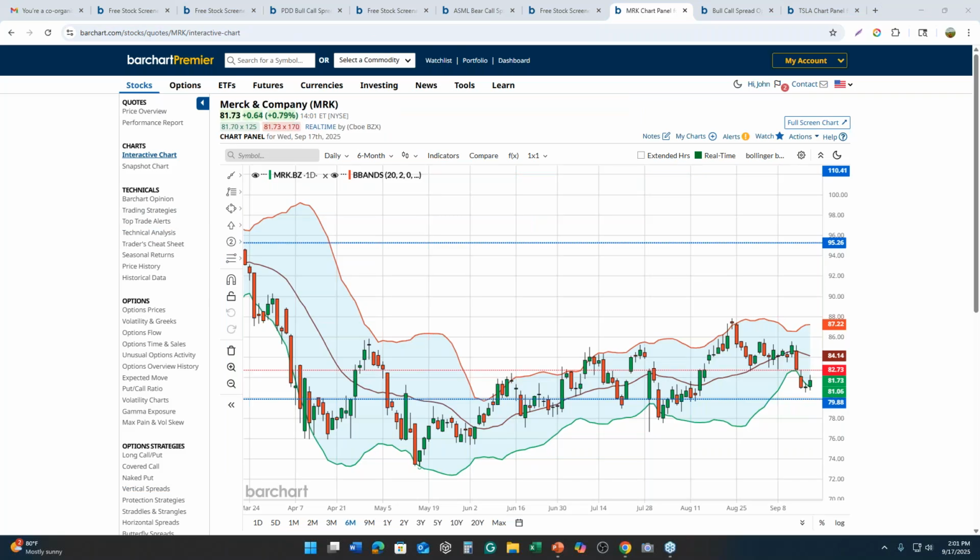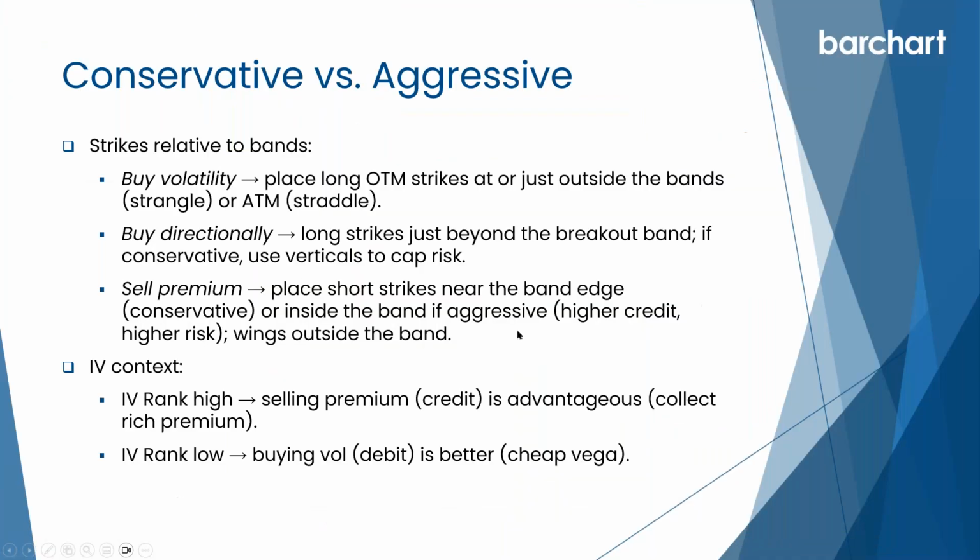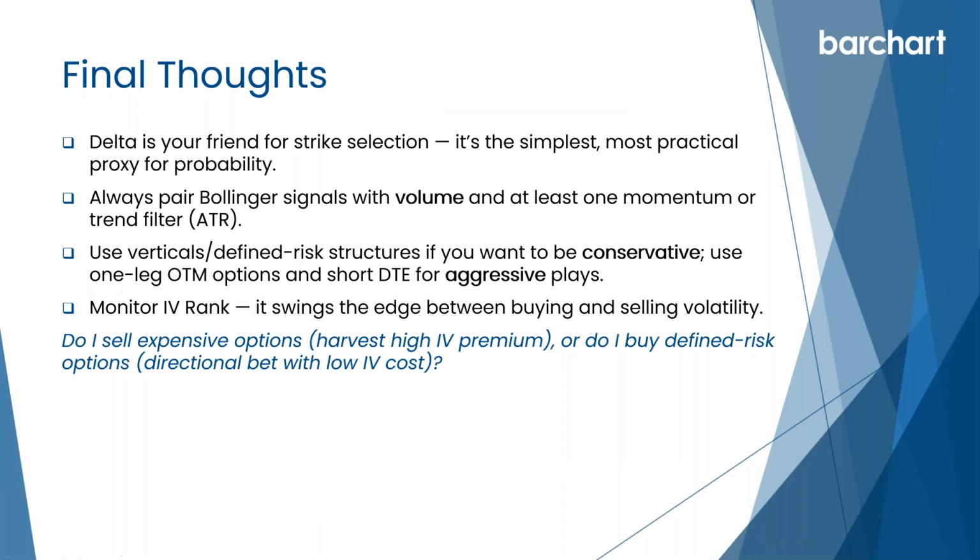All right, Gene. So that takes us to the top of the hour, folks. Let's do one more slide. Again, remember, delta is your friend for strike selection. It's very simple, very practical, and a good proxy for probability. That was kind of what Kenneth was asking.